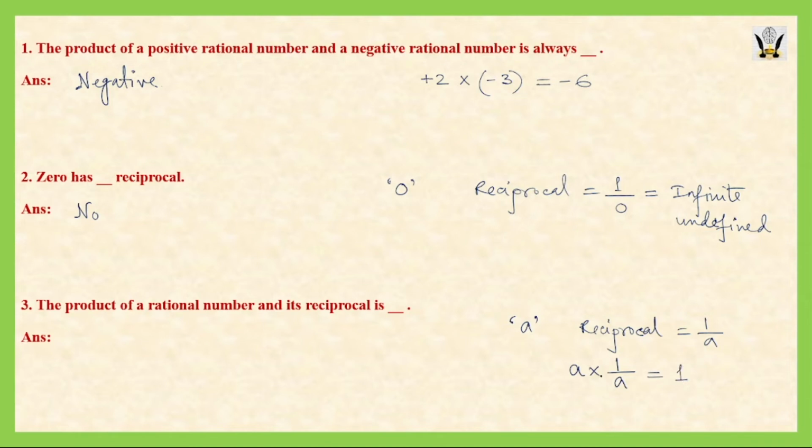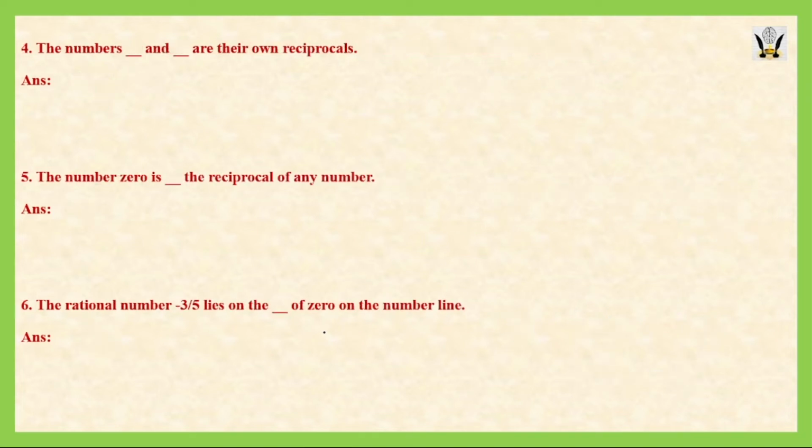That means whatever rational number we choose, integer, positive, negative, proper fraction, improper fraction, if we take its reciprocal and multiply both numbers, the result of that product will always be 1. So here the answer will be 1. The product of a rational number and its reciprocal will always be 1. So just remember that.